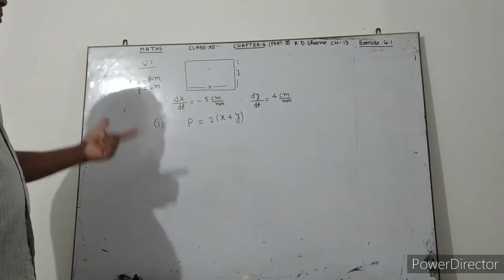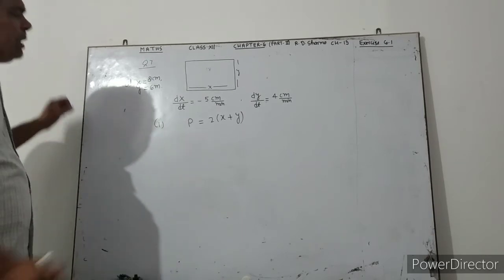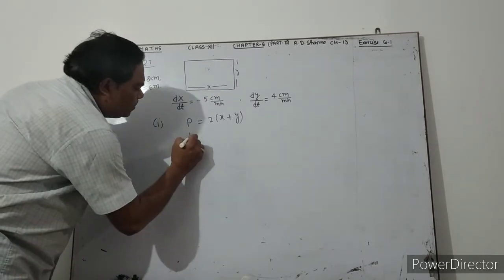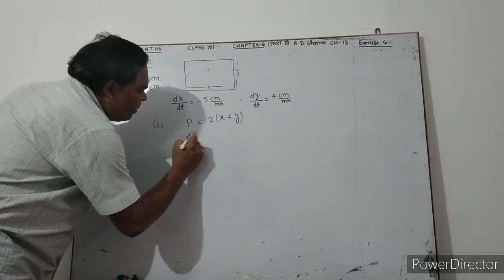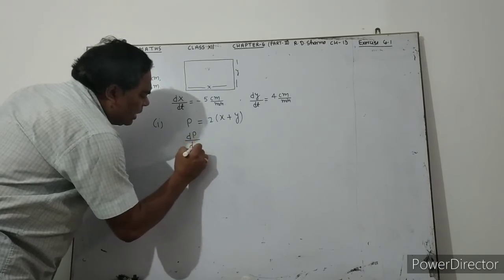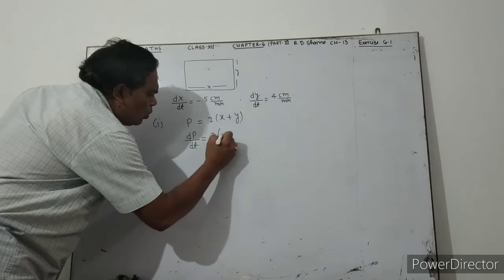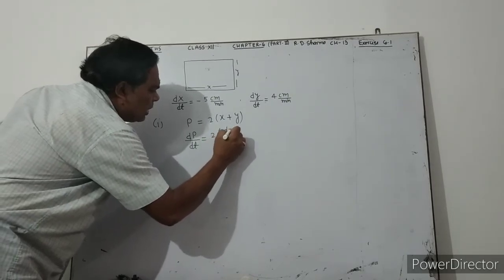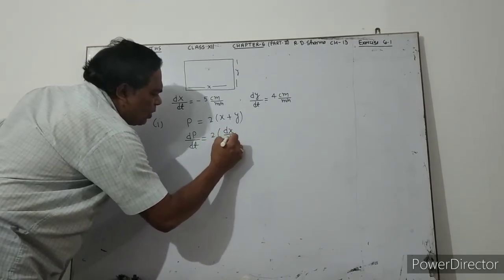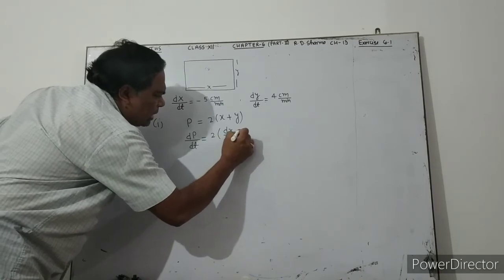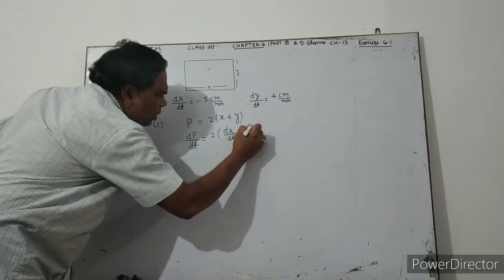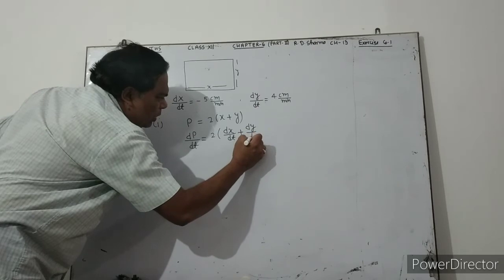Now, dP upon dt, the rate of change in the perimeter, then dP upon dt is 2 times dx upon dt plus dy upon dt.